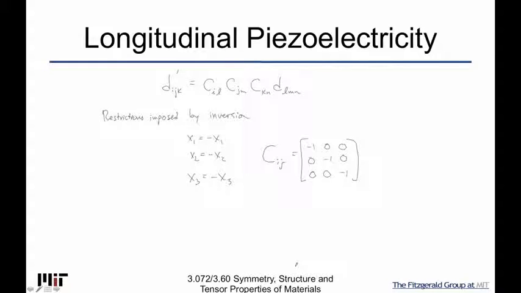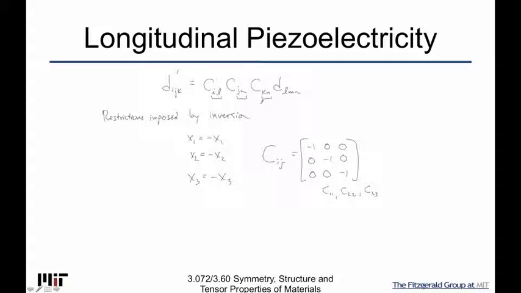Now let's think about what that means. The only time that I need to worry about these under this inversion case is when these three are the same, right? Because remember, I only have C11, C22, and C33. So anytime the indices are equal, I will end up with a relationship across here for inversion.